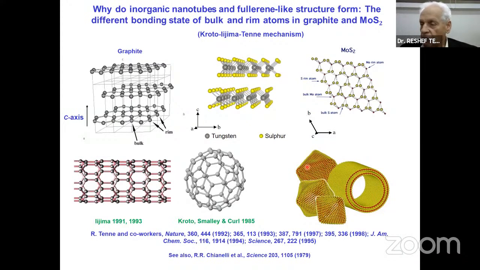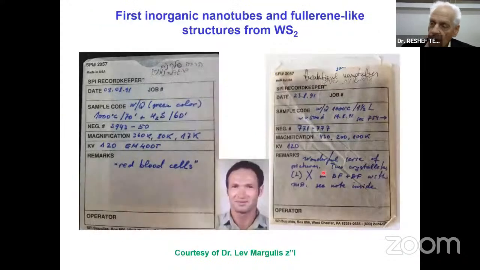So the idea was there, and then I went to my electron microscopist at the time, Dr. Lev Margulis, the late Lev Margulis, and he started to pull out from the drawer his envelopes of TEM grids, or pictures of TEM grids, and you see the dates, 8th August 91, where we saw beautiful pictures like this.